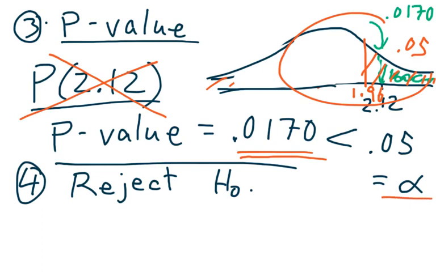If it's smaller, we reject the null hypothesis. I believe if it's less than or equal to that, we reject the null hypothesis. So if it's right on the boundary line, we count that as the rejection region. So we reject H subscript 0, and then we're going to summarize. So that will be step 5.